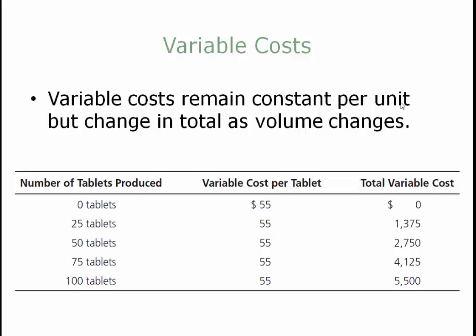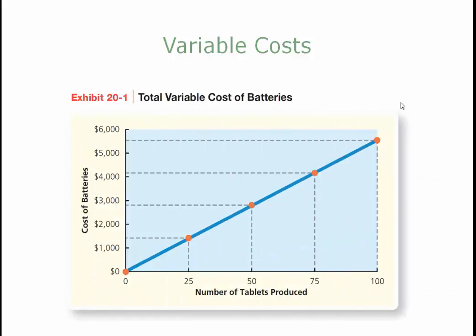So as the volume changes, the cost per unit remains constant. No matter what happens, your cost per unit remains the same. And you notice here, it's basically a straight line from 0 to 100 in this particular example. It tells you what your total variable costs are, and the line is straight.